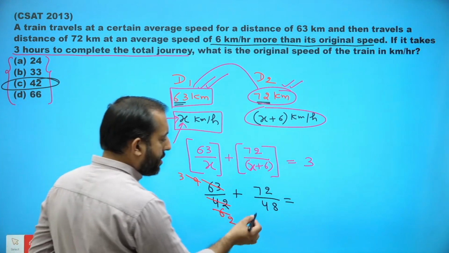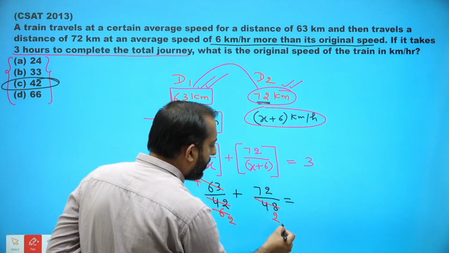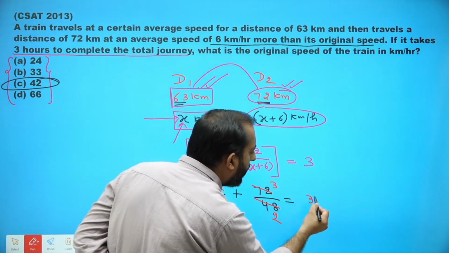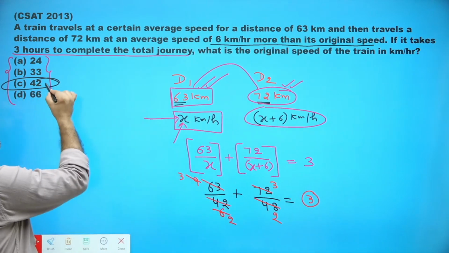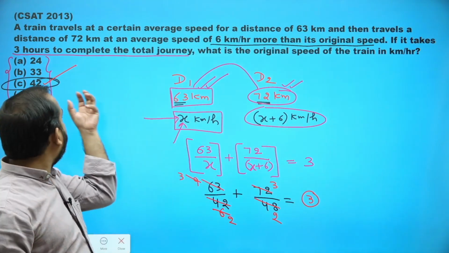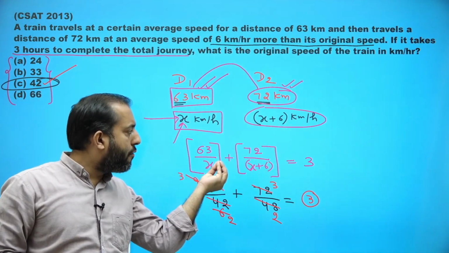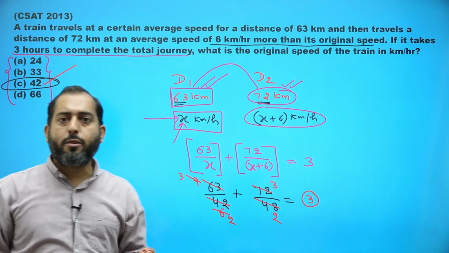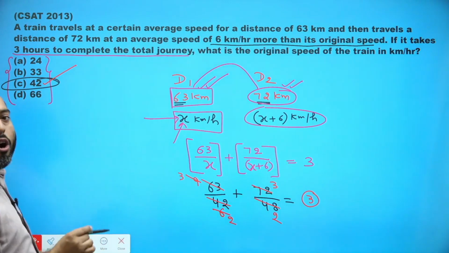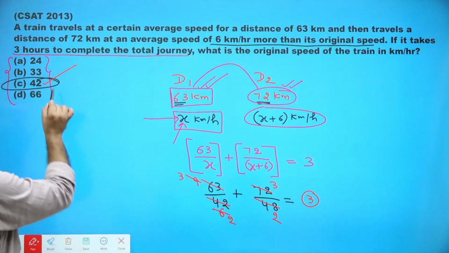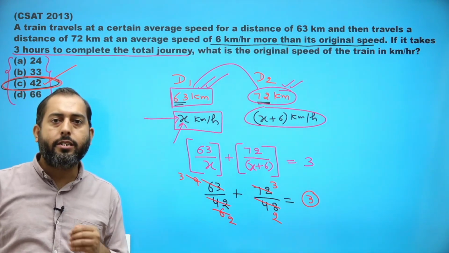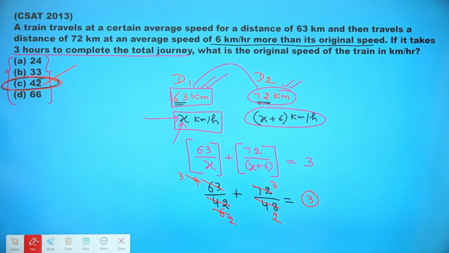Let's cancel. 24 twos are 48 and 24 threes are 72. So 3 by 2 plus 3 by 2 is 3. So if I assume x to be 42, the left hand side and right hand side of this equation become equal to each other. Hence the value of x, or the original speed, is 42 km per hour. Hence option C is the right choice. Kindly make a note of it.